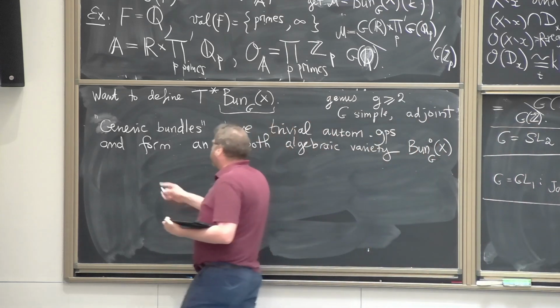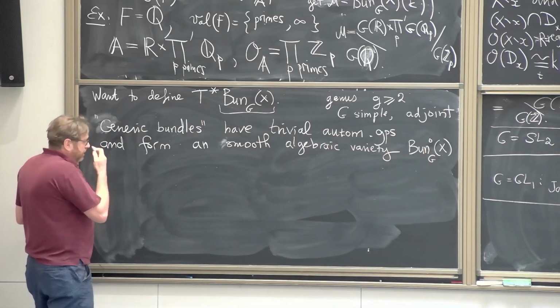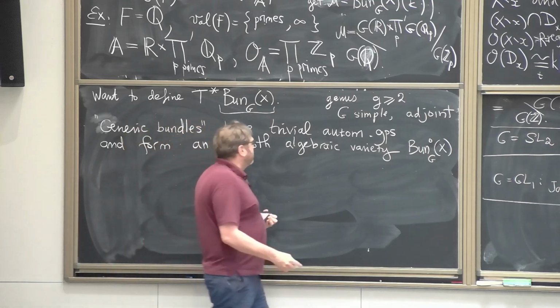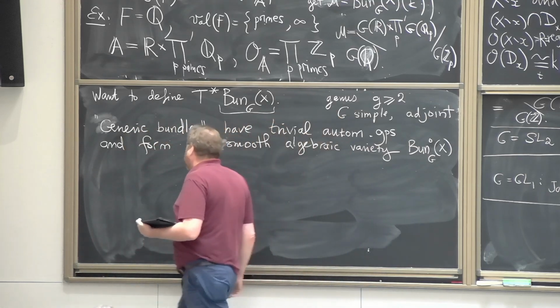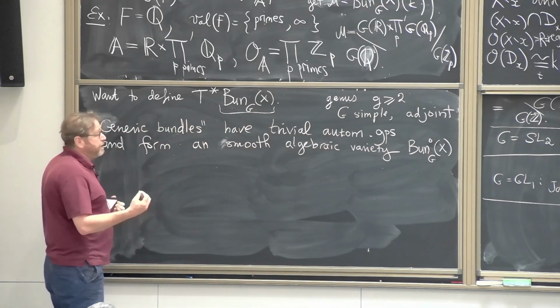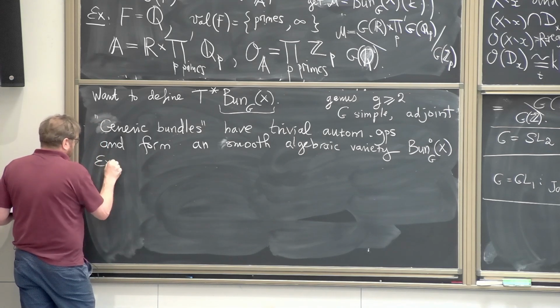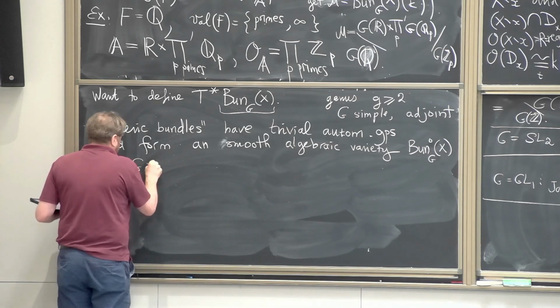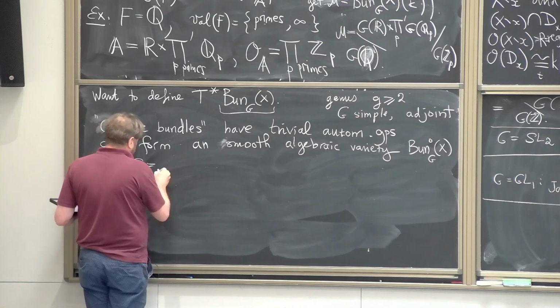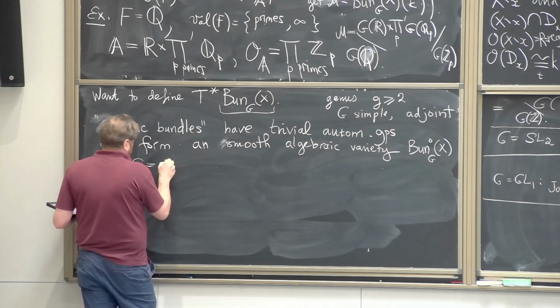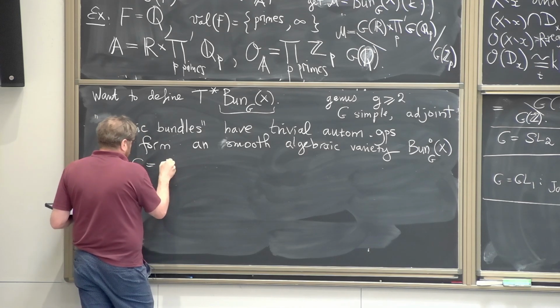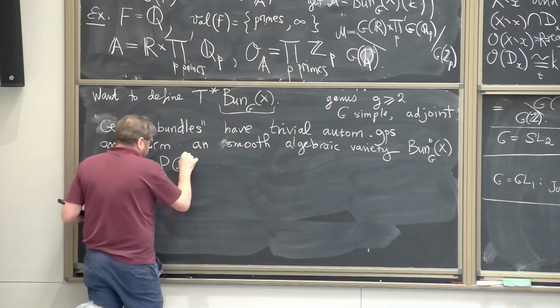And I should explain what this generic means. There are many ways to choose this open set. One nice way is to consider so-called stable bundles. So let's consider an example where G equals, let's say, PGL_N.